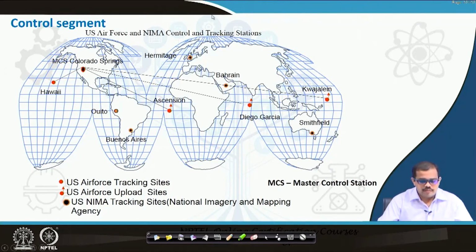So you have sites located here in Bahrain, in Buenos Aires, and in Smithfield. All of these regions are for the Imagery and Mapping Agency, and most importantly for civilian purposes, where the civilian signals are corrected and sent back.